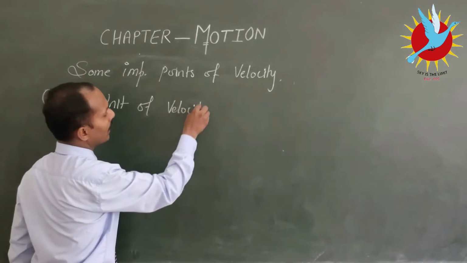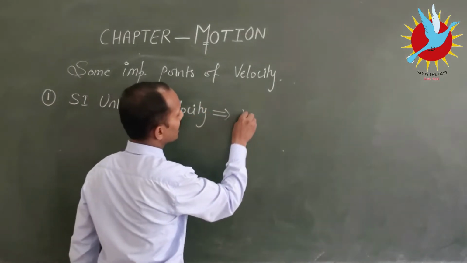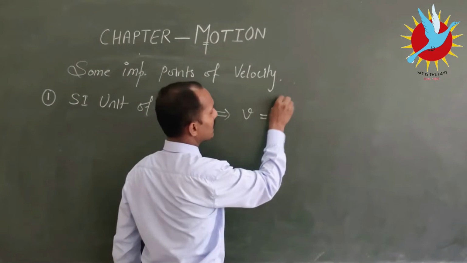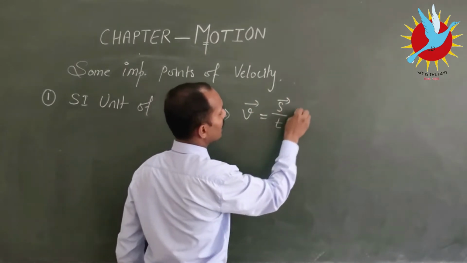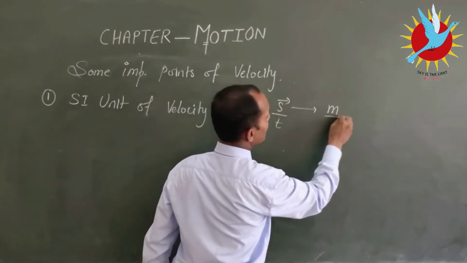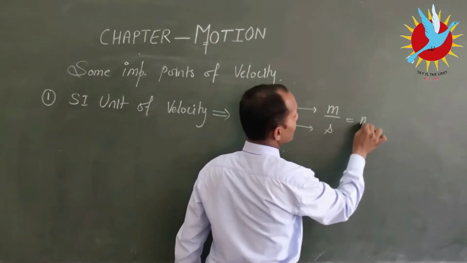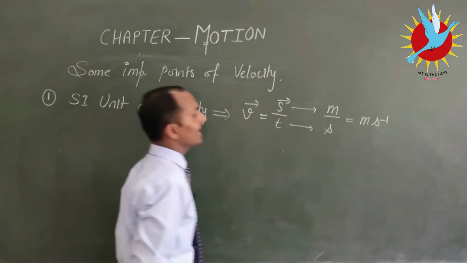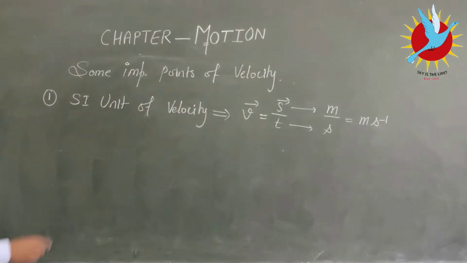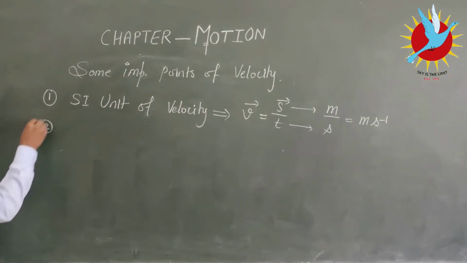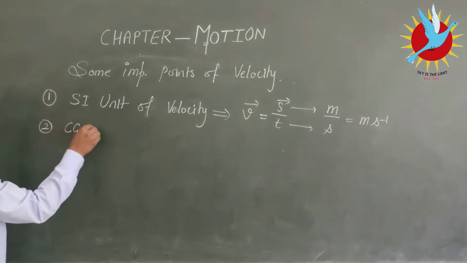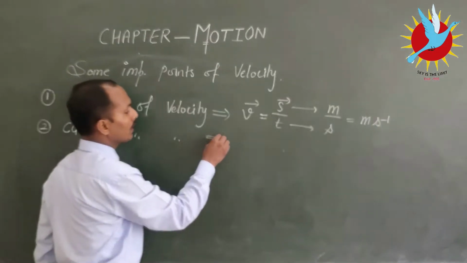We know that the formula of velocity is displacement upon time, and displacement is measured in meter and time is measured in second. So meter per second is the SI unit of velocity. Second point is the CGS unit of velocity.